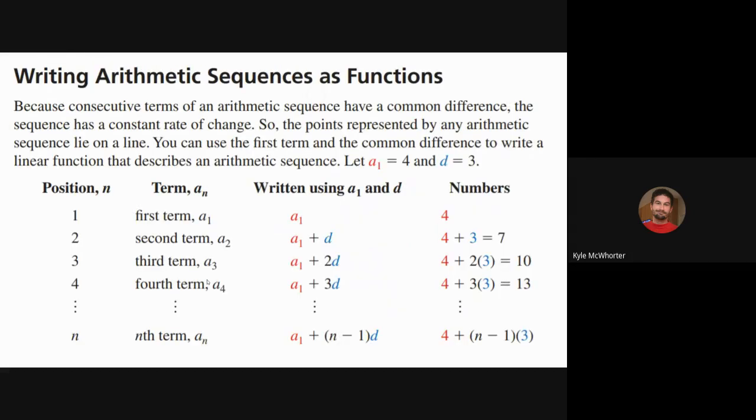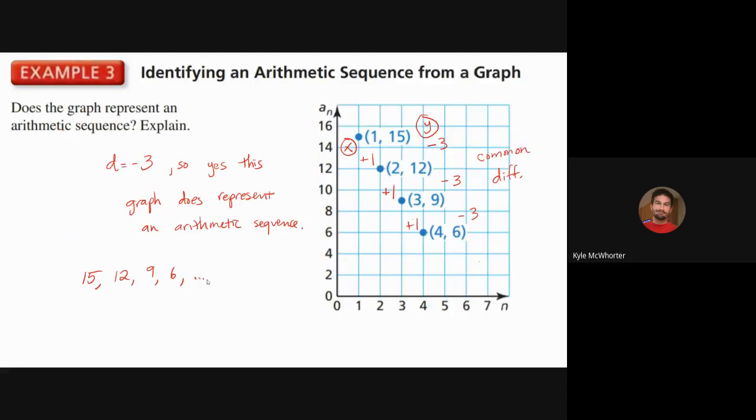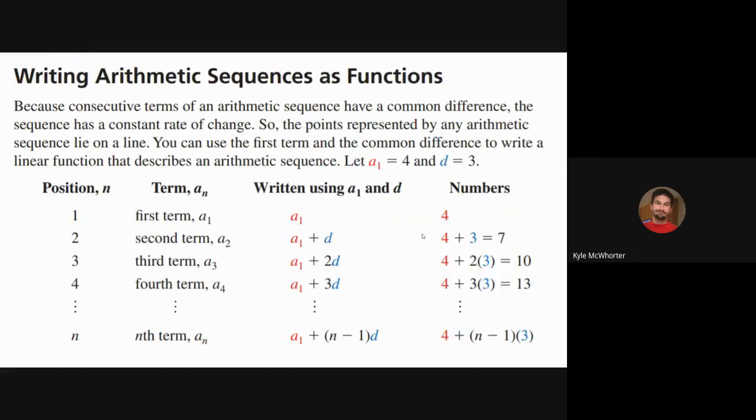Okay, now, since we just realized that arithmetic sequences basically are linear functions, it would be good for us to figure out how to write these sequences as functions. Because the consecutive terms have a common difference, the entire sequence has a constant rate of change, right? Constant rate of change was how we described a linear function.